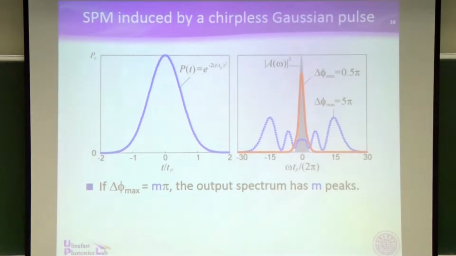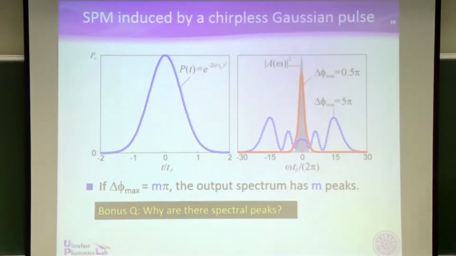But I would like to raise one bonus question. Why are there these spectral peaks? Here I only give you the simulated results. Supposedly they are true, no error. But could you justify why the self-phase modulation effect will create these multiple peaks instead of a broader and broader Gaussian function?